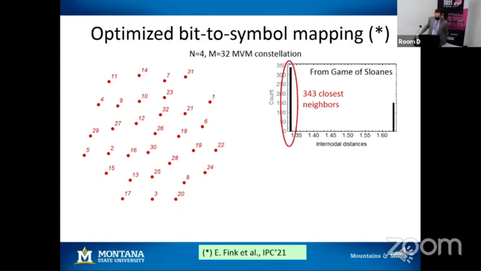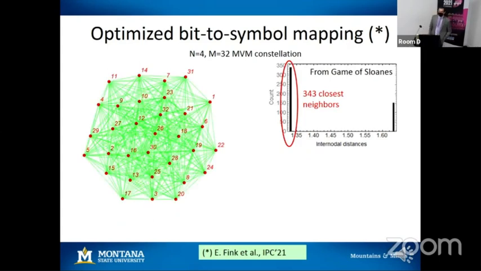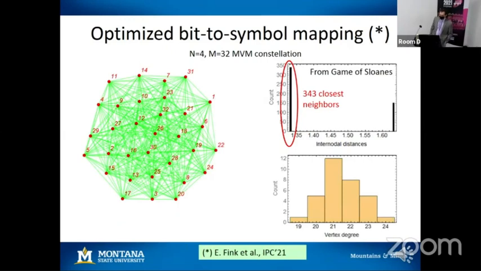So if we draw just the closest neighbors as edges, you find this very well-connected graph. Actually, if you see the vertex degree in this graph, you see that about 21 edges per average emanate from each node. So since you have only 32 points in the constellation, obviously you cannot do Gray mapping.